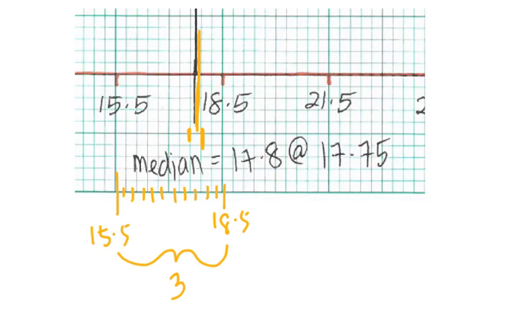So 18.5 minus 0.6 gives 17.9. This value here is 17.9. And this line here has a one small box gap, so this line here is 17.6.